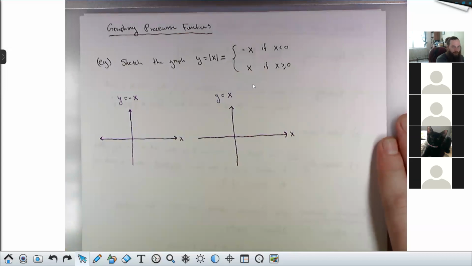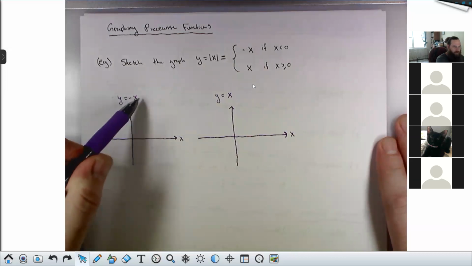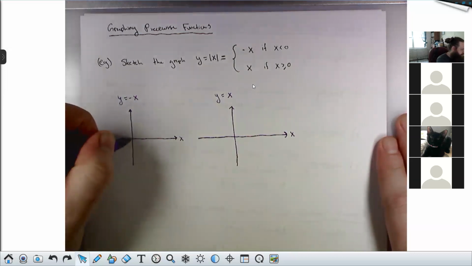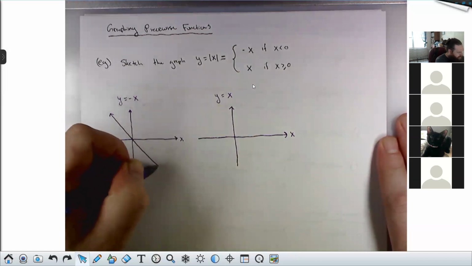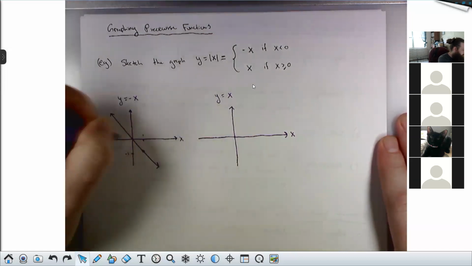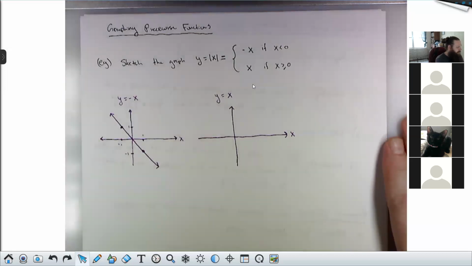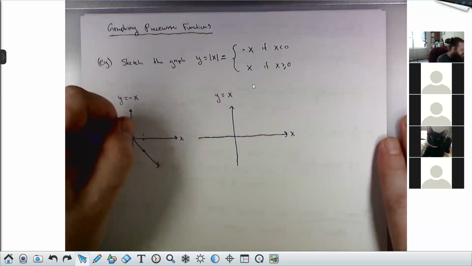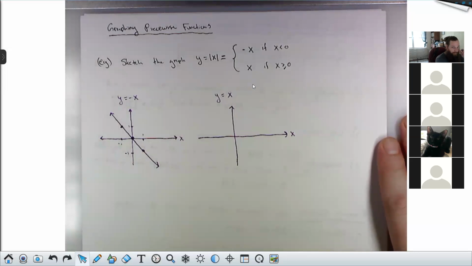Okay. Y equals negative x. This is a line with slope -1 and y-intercept 0. This is a line passing through the origin, slope -1. That looks like this. We're looking for some specific points. 1, comma, -1 is definitely on this graph. -1, comma, +1 is definitely on this graph. These things we can say for sure. 0, 0 is definitely on this graph. Right? If you made a table for y equals negative x, you could very quickly get this line.